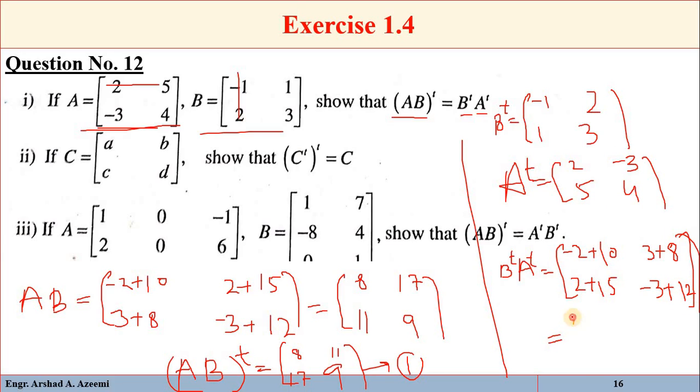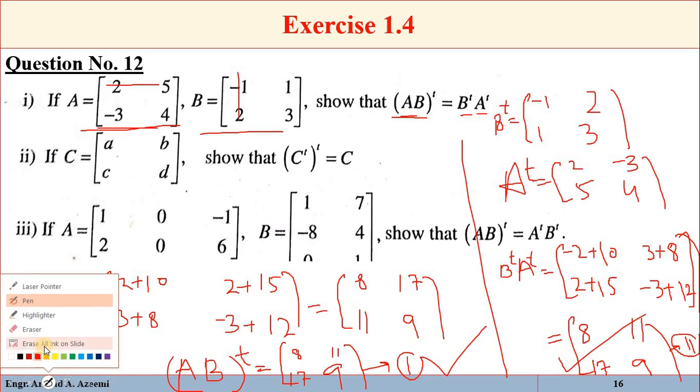Now just simplify it, so it will be 8, 11, 17 and 9. For example, this is matrix 2. So matrix 1 is equal to matrix 2. It means that AB whole transpose is equal to B transpose into A transpose.